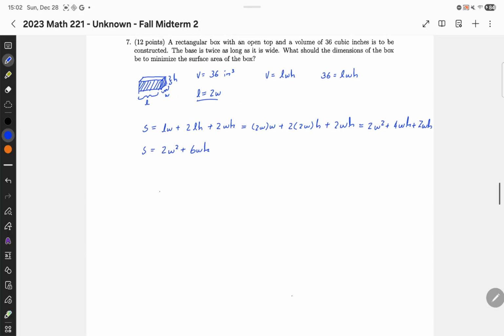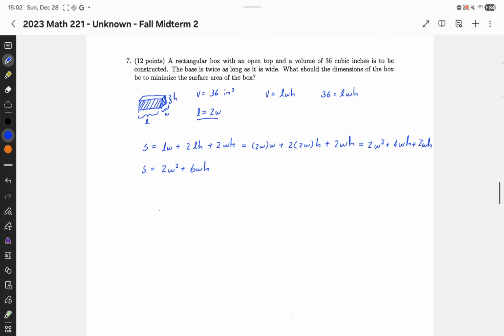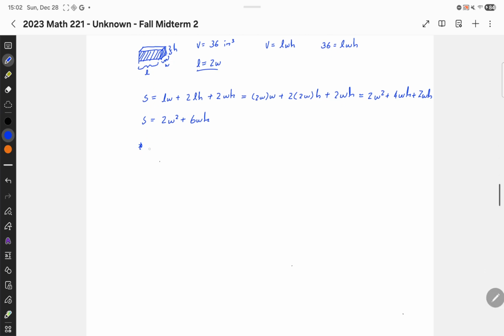And now from here, I want to actually return to this volume equation up here. I'll rewrite it down here though. That 36 is equal to length times width times height, and substitute our L equals 2W in. So this is going to be the same as 36 is equal to 2 times W times WH, which tells us that 36 is equal to 2W squared times H. So let's divide both sides by 2.